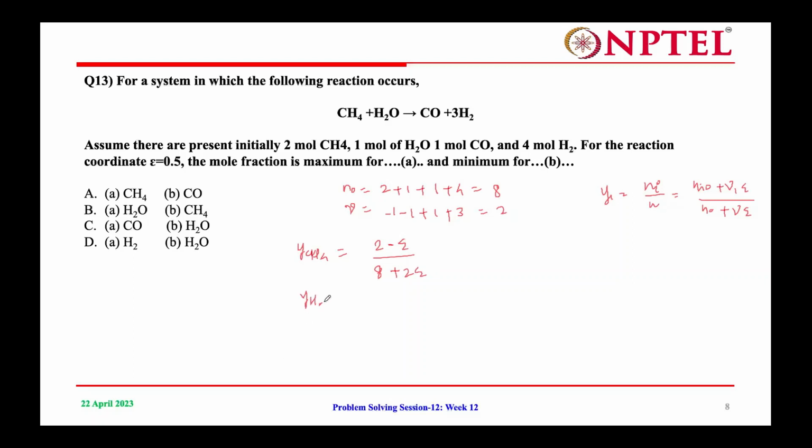Similarly for H2O, 1 minus the reaction coordinate over 8 plus twice the reaction coordinate. For CO, 1 plus the reaction coordinate, since the stoichiometric coefficient of a product is positive. For H2, initially 4 moles plus 3 times the reaction coordinate, since the coefficient is 3 and it is in the product, so it is positive.